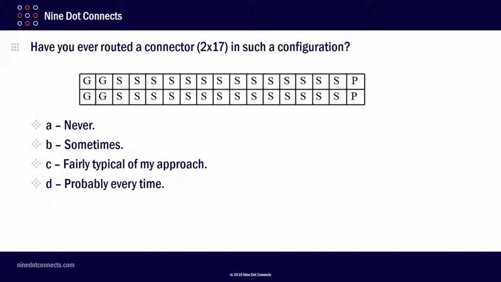Now, with that in mind, I'd like you to tell me: if you saw this 2x17 header and had to wire it up in your schematic, how many of you would route this in this format, with G being ground, S being a signal, and P being power?